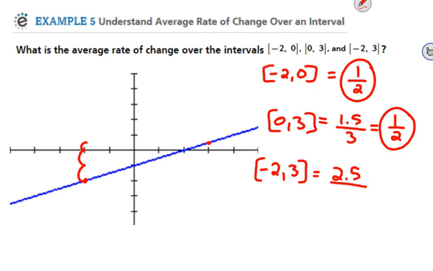And our run, 1, 2, 3, 4, 5. And 2.5 divided by 5, again, is 1/2. So what can we conclude from this example? Anytime we have a line that is not horizontal, we're going to have a constant slope. In this case, 1/2.